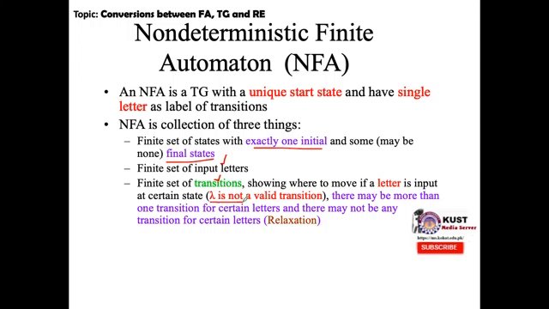Remember that lambda is not a valid transition. There may be more than one transition for certain letters, and there may not be any transition for certain letters. And as in the case of TG, this is a relaxation.